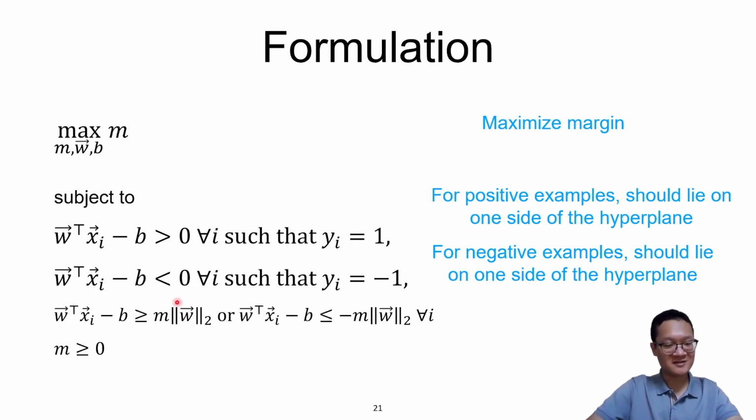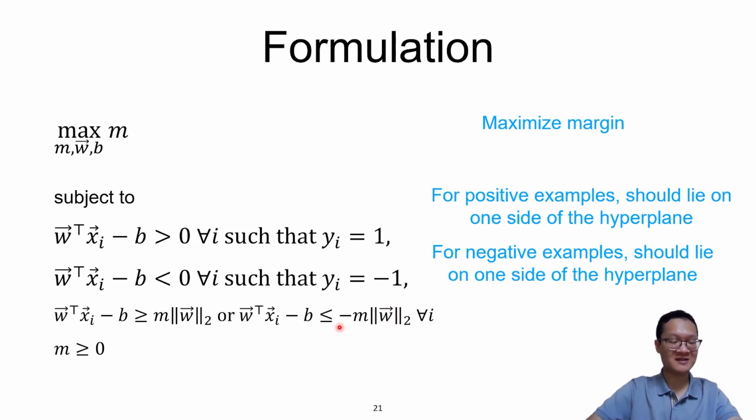Okay, so now if you look at this, the first case can only happen for all the positive data points because this is greater than or equal to 0 for sure. And similarly, the second case can only happen for the negative data points, because this part is less than 0 for sure.